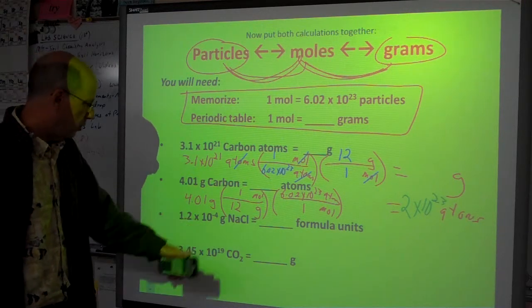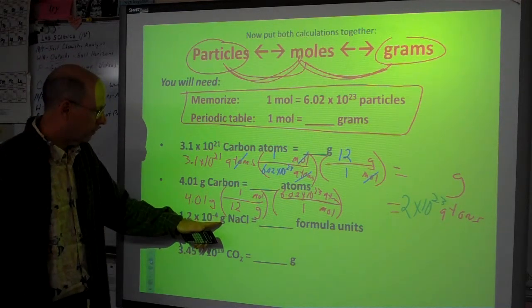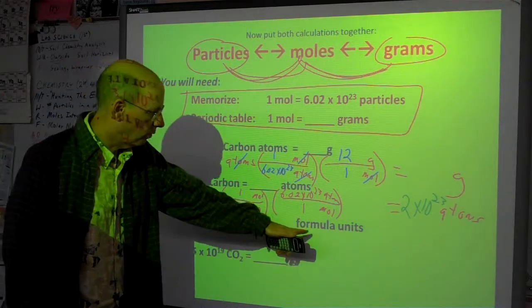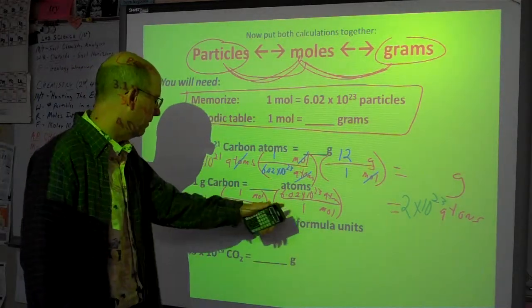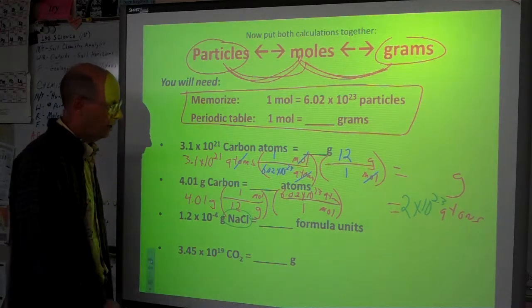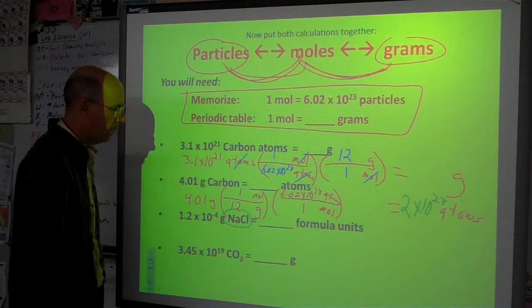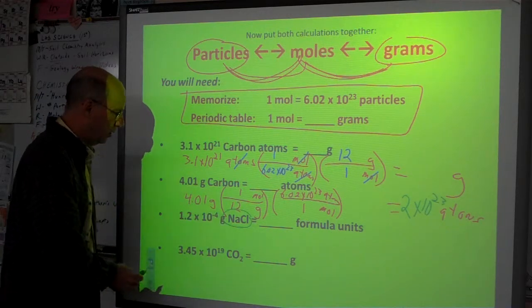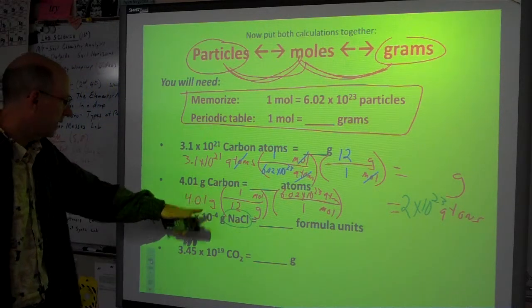And then we've got 2 more problems here, one in which we go from grams to formula units. That's just like this previous one. The only thing you have to look out for is, what's the mass of NaCl? It's 23 plus 35 is 58. Otherwise it's the same as the second problem.